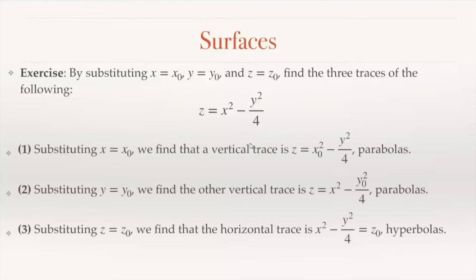Okay, so if x is constant, then it becomes this. And those are parabolas. It's just z is c minus ay squared, classic parabola.